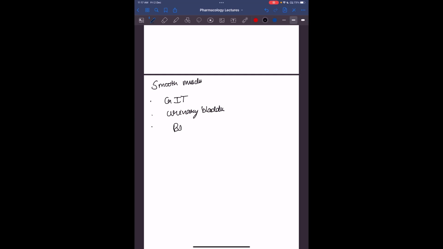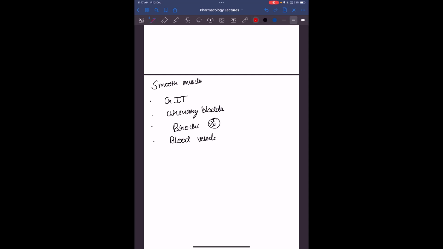Then bronchi. This is really important, you need to remember this. Bronchi has smooth muscles. We have them even in the blood vessels. I said, right, endothelial cells.